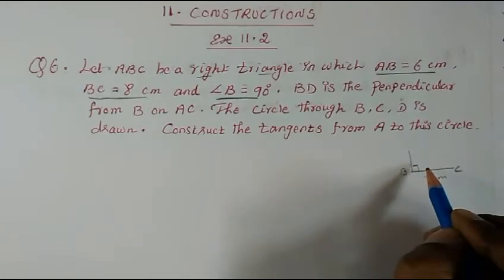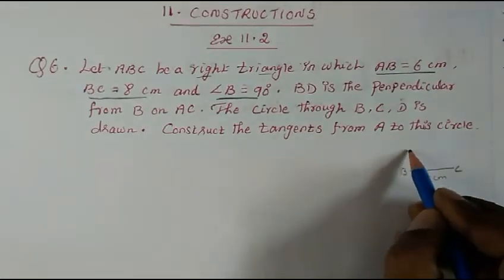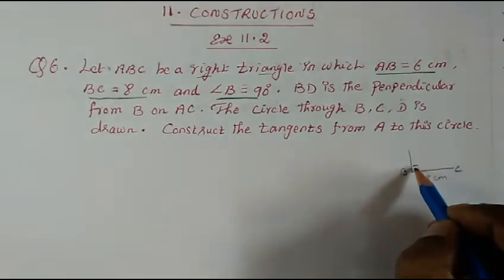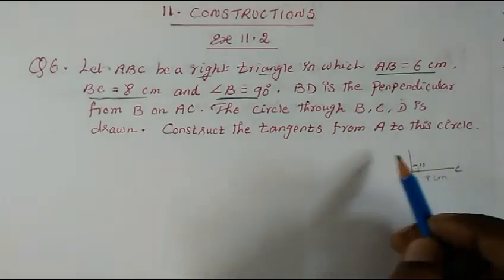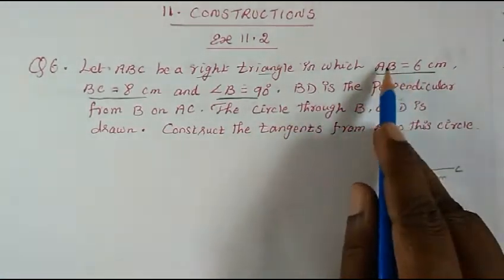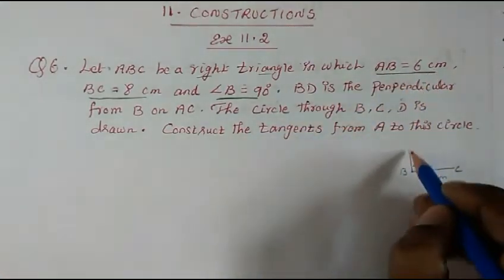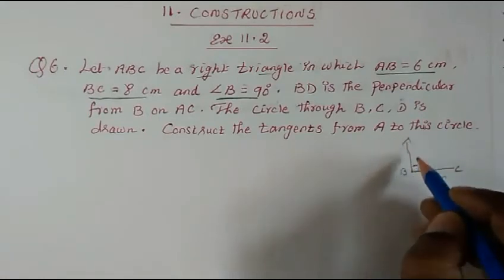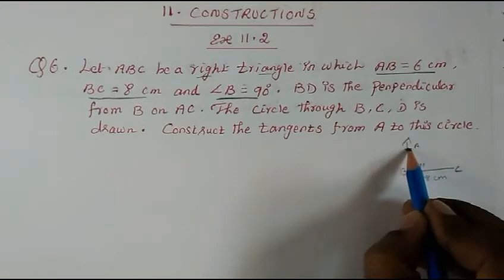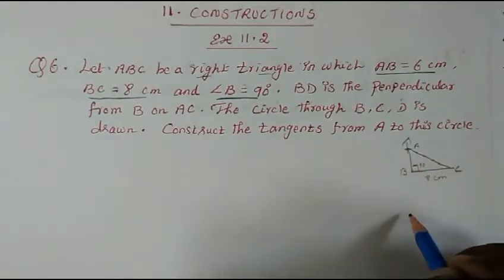You can use either a protractor or a compass and you will find the 90 degree angle B. Afterwards you take AB as 6 centimeter, give a cut, and that point will become your A. And then you join that with C.